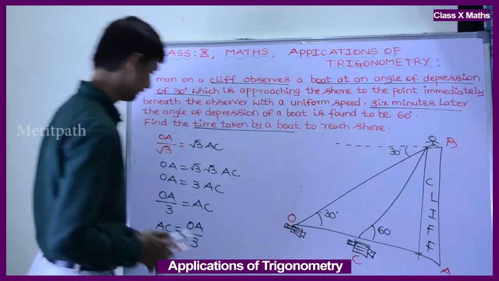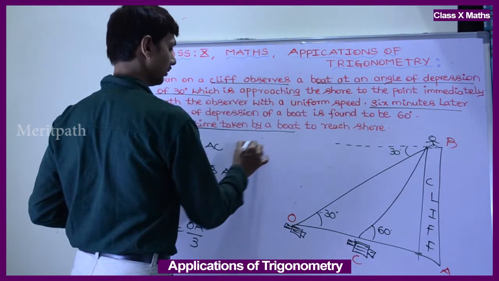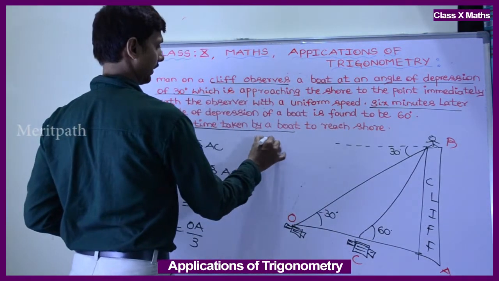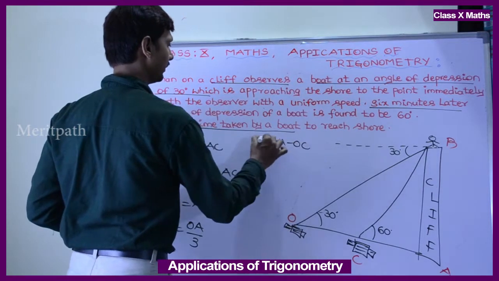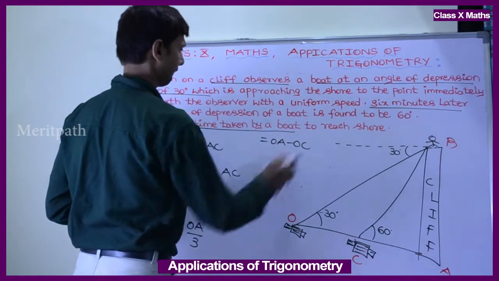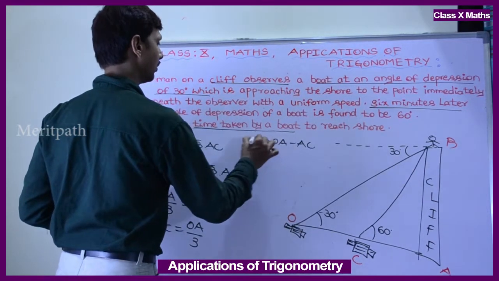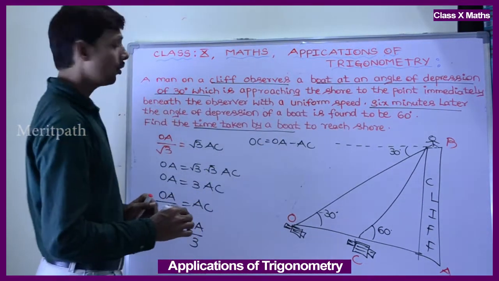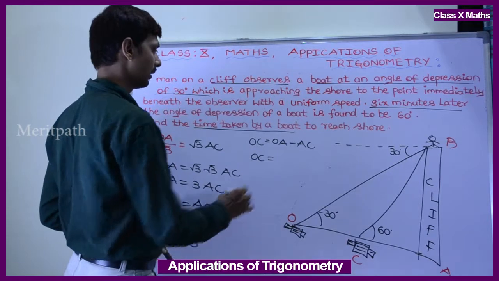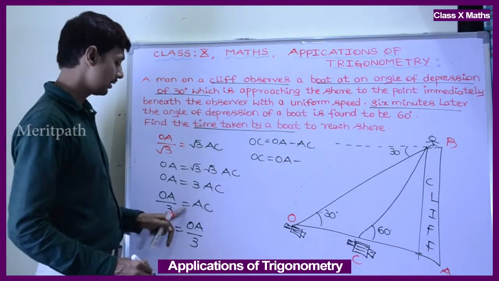OC is equal to OA minus AC. So OC is equal to OA, taken as it is, minus AC, and we know that AC is OA by 3.